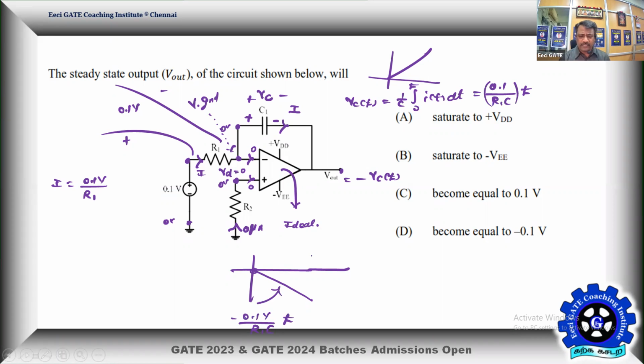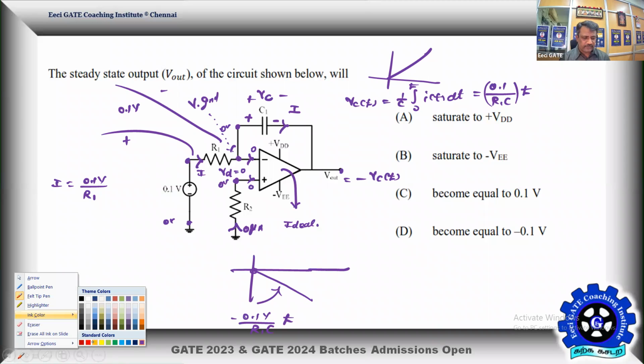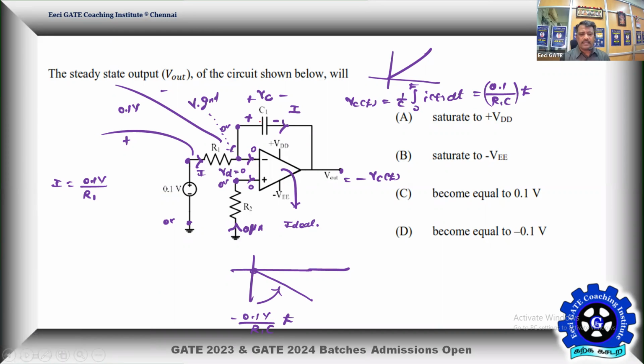If you allow enough time, it may saturate the op amp negatively. Since the current is unidirectional, the op amp will be driven into saturation after sufficient time. If the circuit is in the on condition for sufficient time, it will put the op amp into negative saturation.